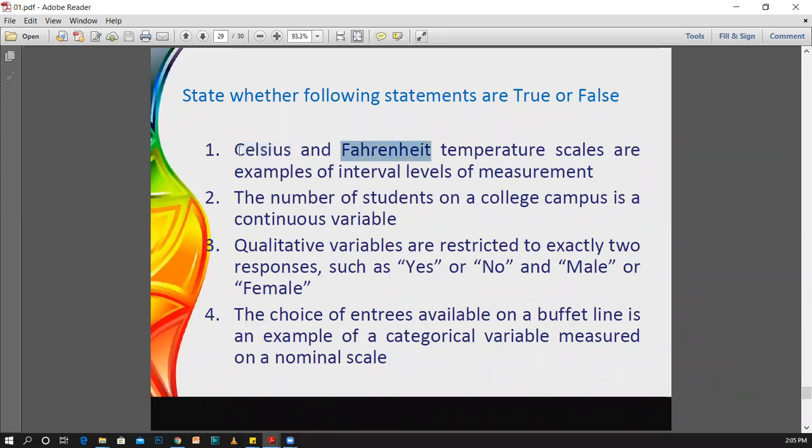If you are measuring the temperature using Celsius or Fahrenheit, definitely we know that both of these scales do not have a true zero. It is because 0 Celsius means there is somewhat a temperature. 0 Fahrenheit means again there is somewhat a temperature. Therefore, you do not have a true 0 point. Therefore, this comes under the interval scale.